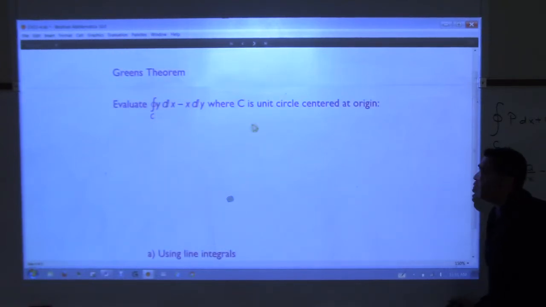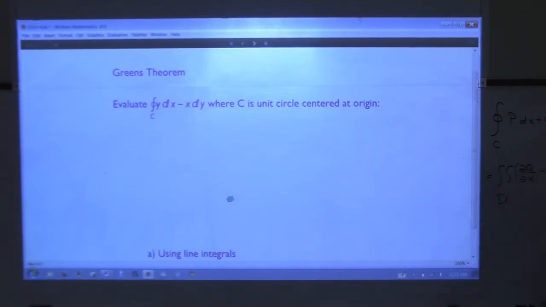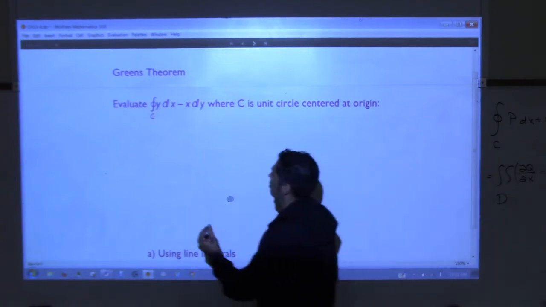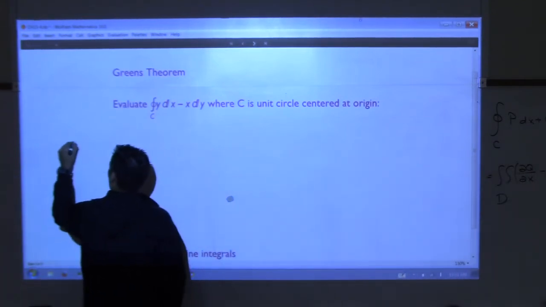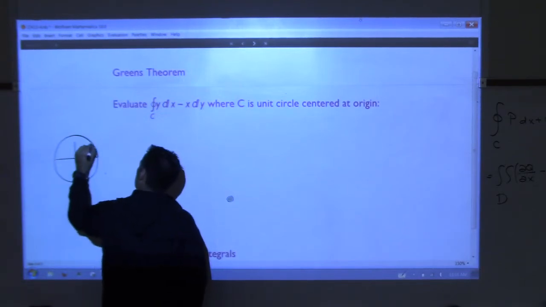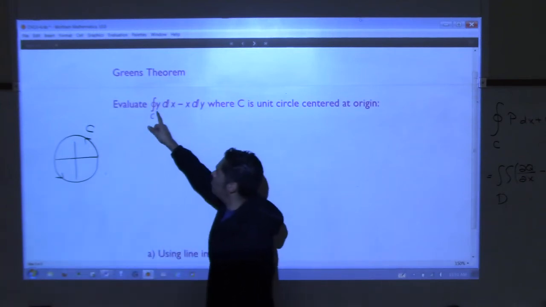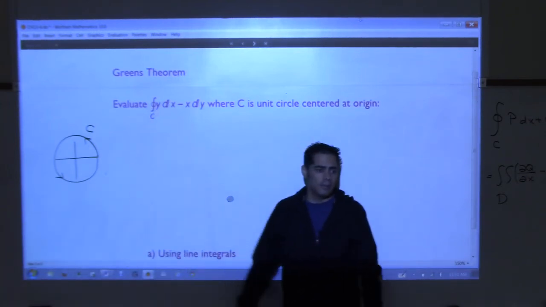We're going to evaluate this line integral where C is the unit circle centered at the origin, with positive orientation, because there's just a little circle here.